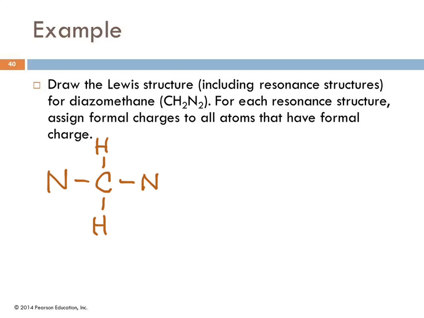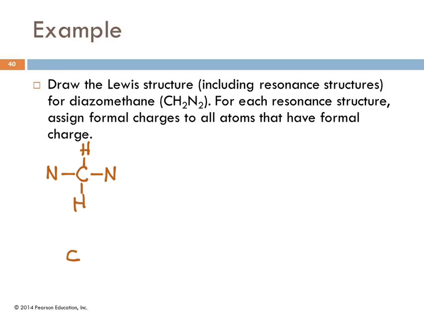I'm going to run out of space. Okay, I'm going to start over and make this smaller, because I'm going to be writing a bunch of things here. So carbon, nitrogen, nitrogen, with hydrogens on the carbon. Not much smaller, but it's a little bit.